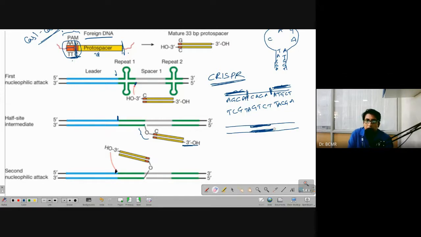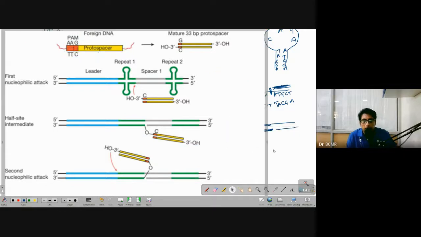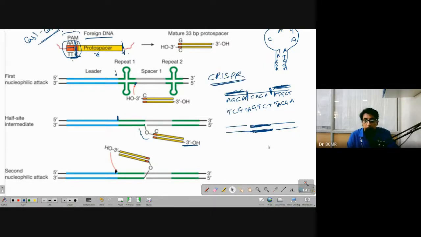First cut is made here, and second cut is made here. And now I will try to move these two. Okay, sorry, I will do it a little differently because I'm unable to move them as I wanted to. Let me try again.